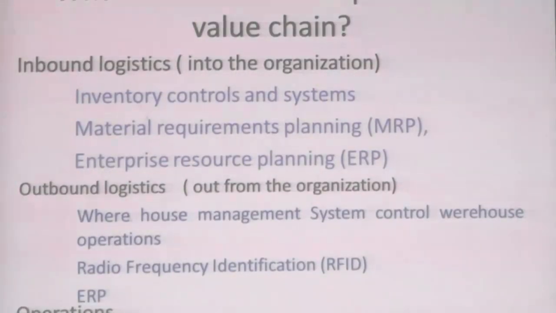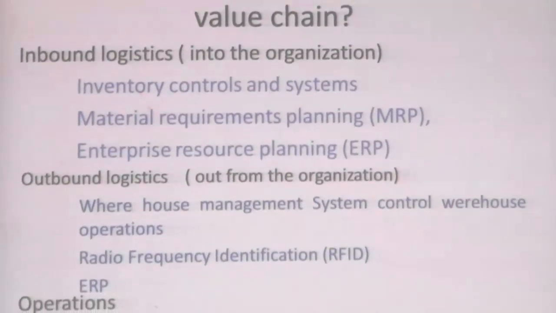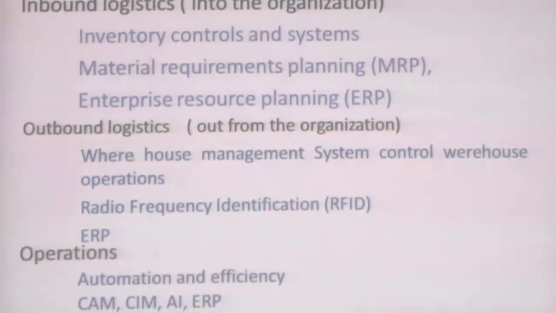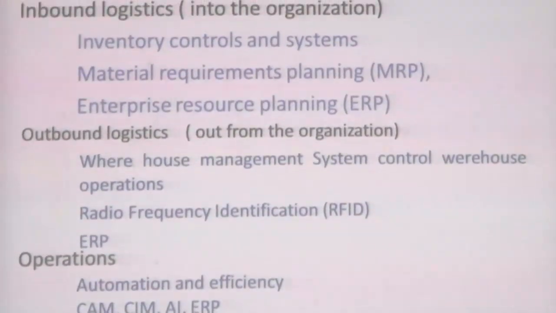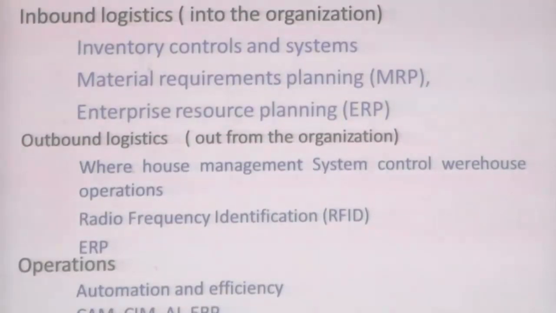If the sales department is planning to sell 1000 products every month, but next month, April, it's the New Year season, they are going to sell about 2000 products to the market. Then the material requirement will be higher. So you have to plan the material requirement through the material requirement planning system. In some organizations these kinds of systems are not available, but manually they do these things.